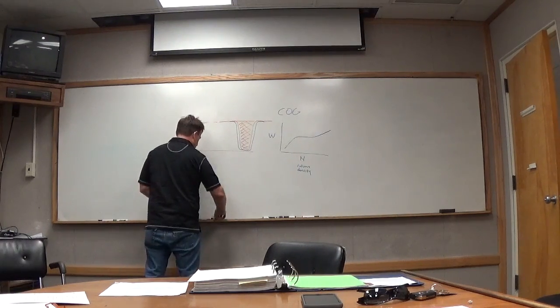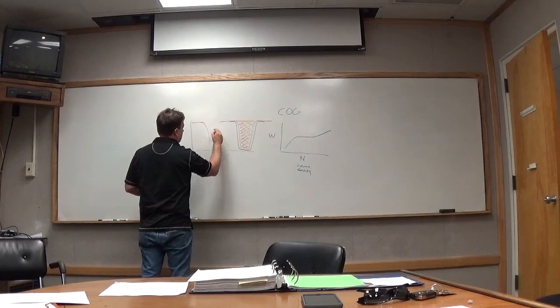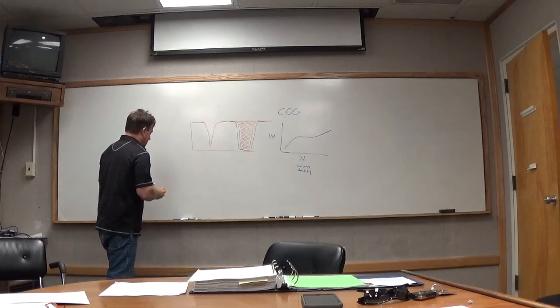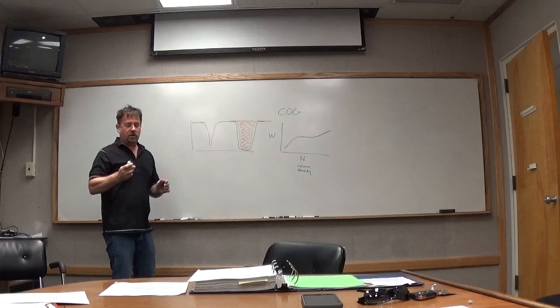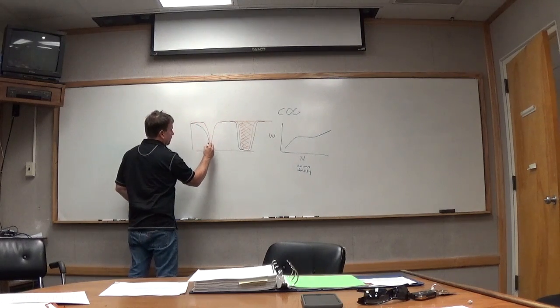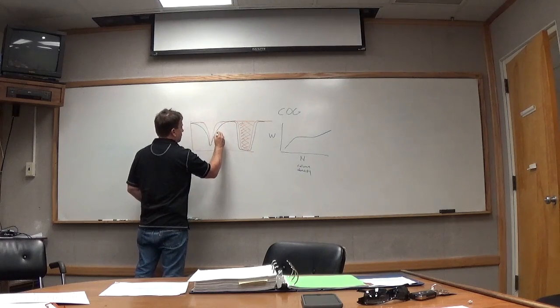Let's say we have a line that would look like this normally, but in a star where the gas density is very high, it may end up looking something like this. So this would be pressure broadened.